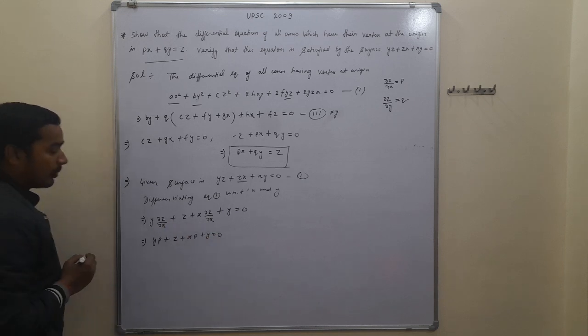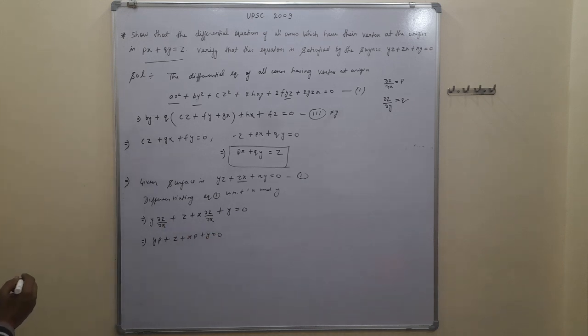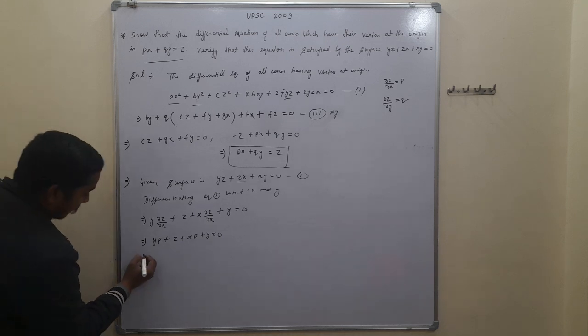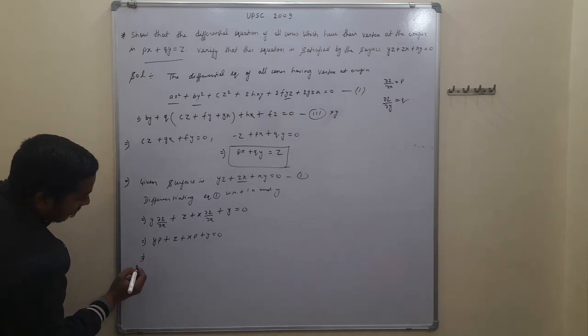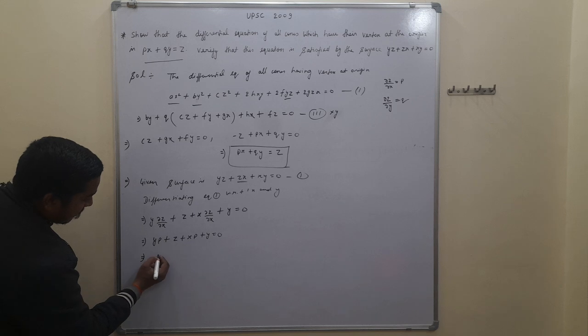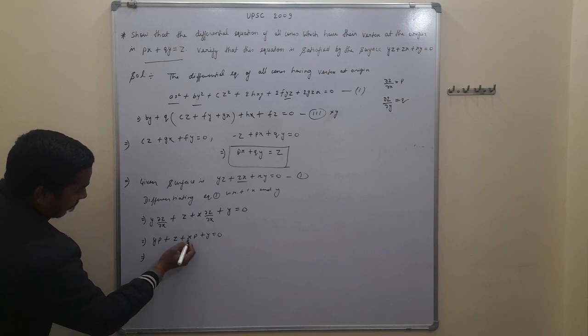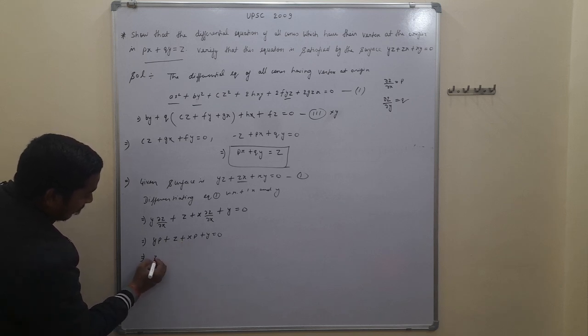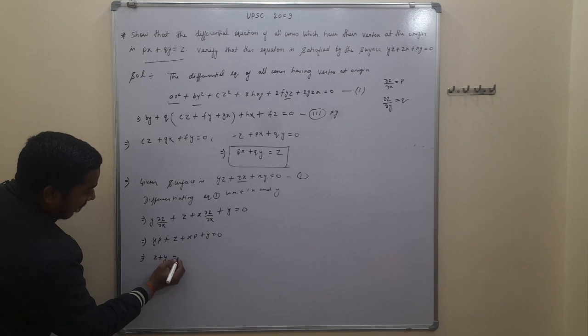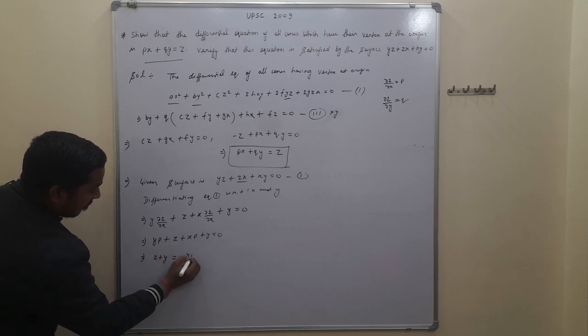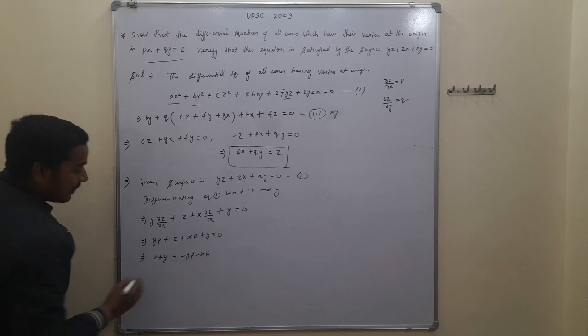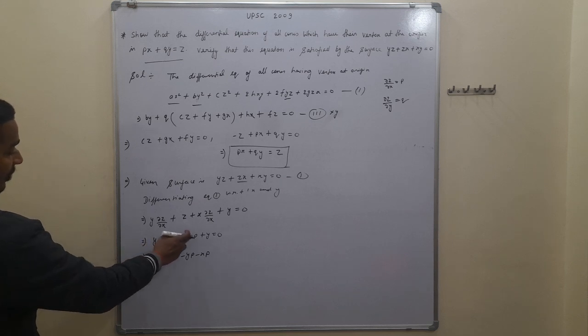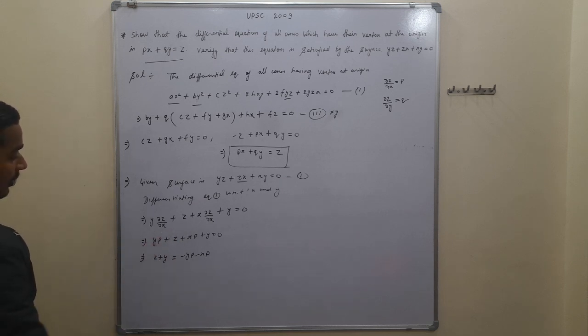equal to 0, and we can also write this as z plus y equals minus yp minus xp, taking plus yp and plus xp to the right hand side.